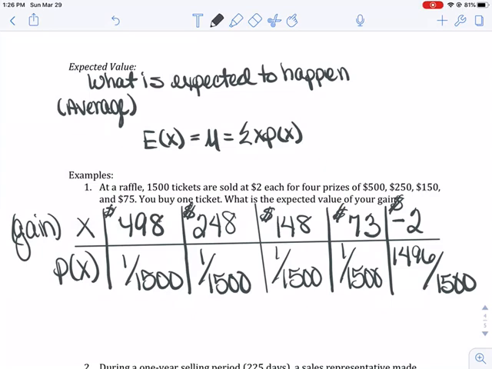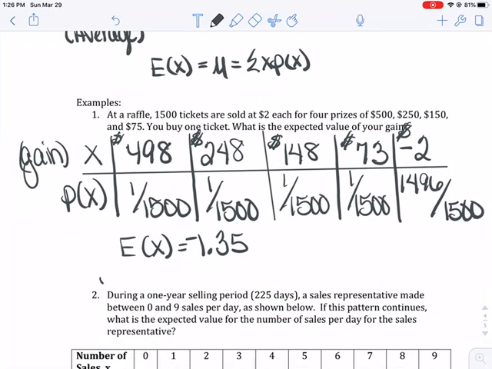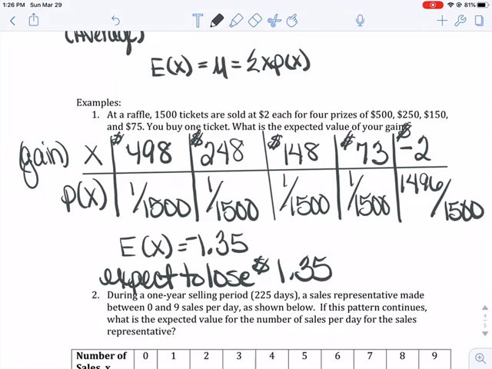When we do the math, we find that our E of X is -1.35, but it is also negative. That's perfectly fine. So what does that mean? That we would expect to lose $1.35 when we played this game.